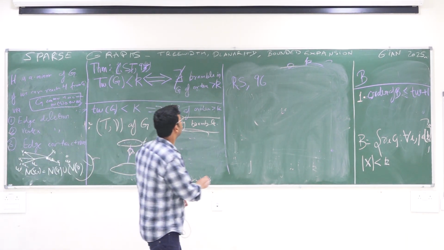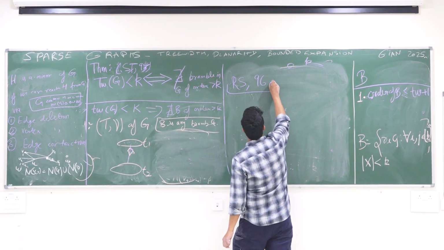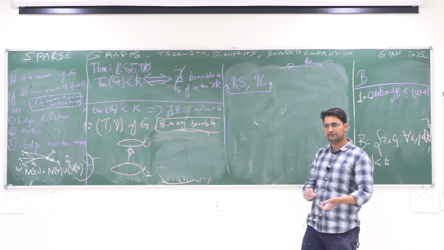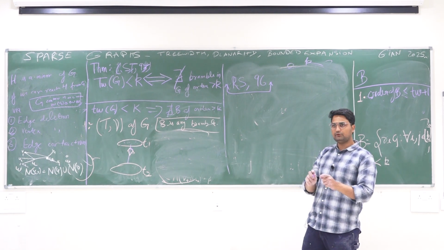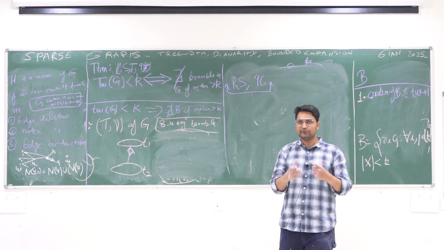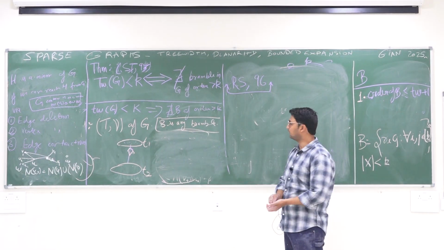Then Robertson and Seymour in 1996 proved a very strong result, in fact, that not only do grids have large treewidth, but they are canonical in some sense. And how are they canonical?